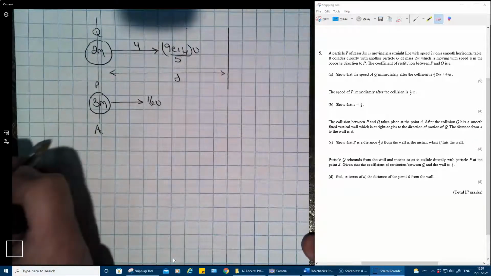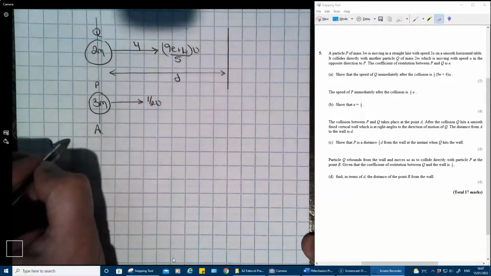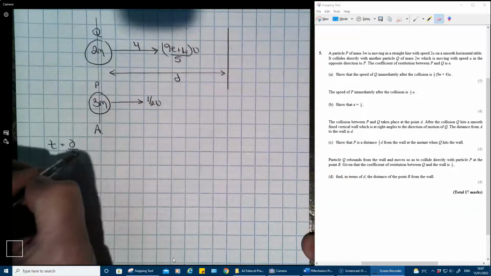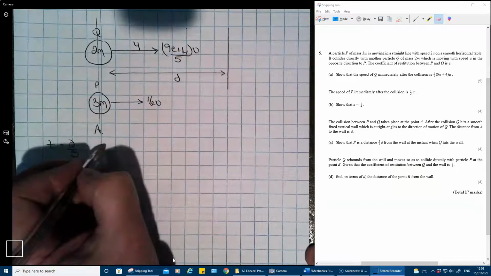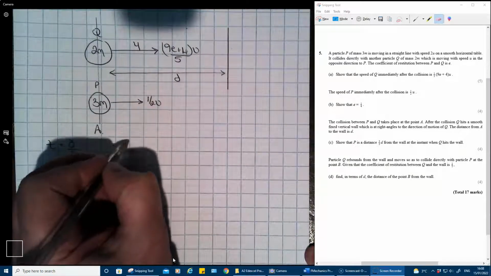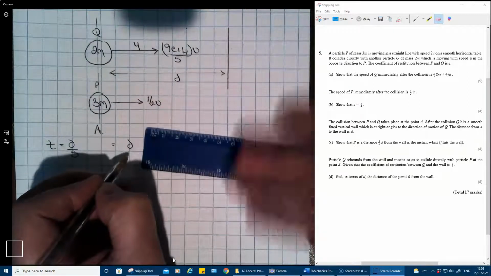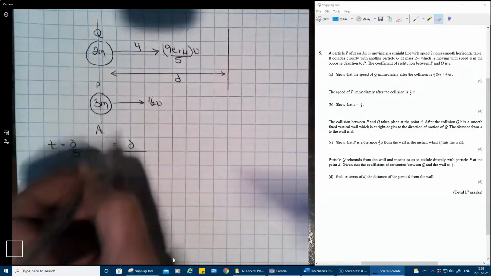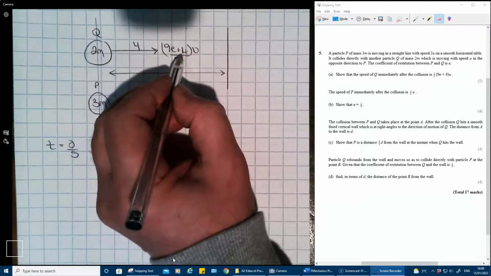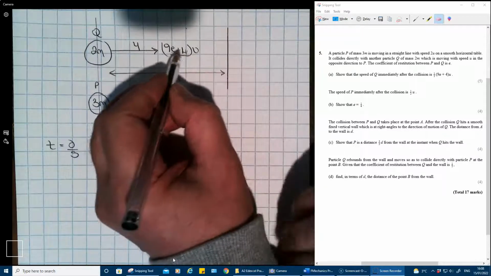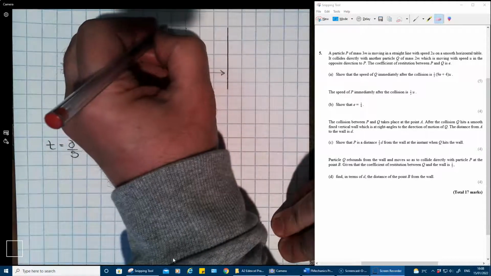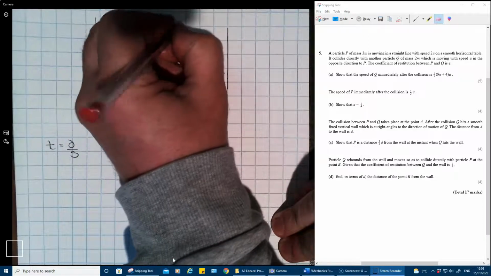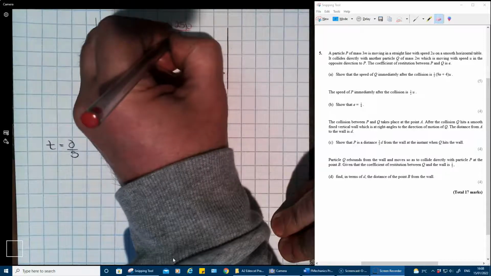Alright, so we know that time is distance over speed. So the time it takes, which is the distance over this value of y, and we know e is a quarter now, so this actually equals 6.25u over 5.